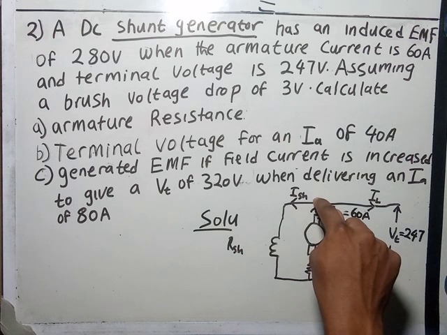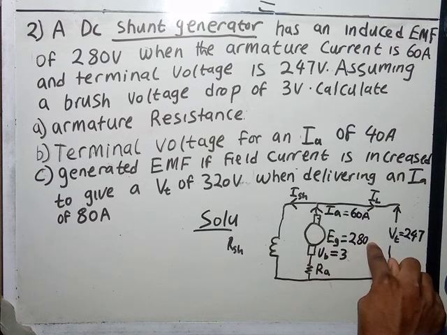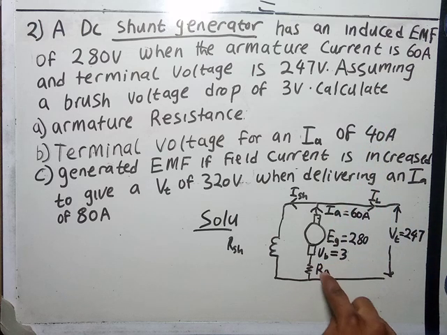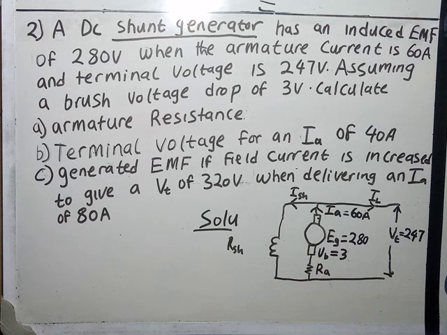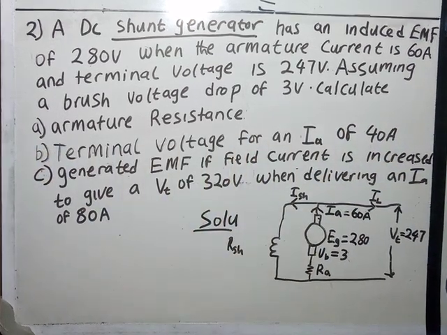Then our value of voltage at this point will reduce due to this. Normally this is our generated EMF or induced EMF, but due to our armature resistance and this brush voltage drop, it will reduce to a particular value, but we don't know some other parameters for us to determine what that will be. Now they're asking us to calculate the armature resistance.